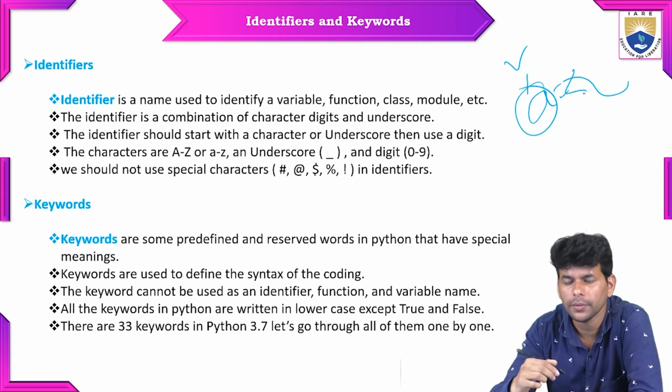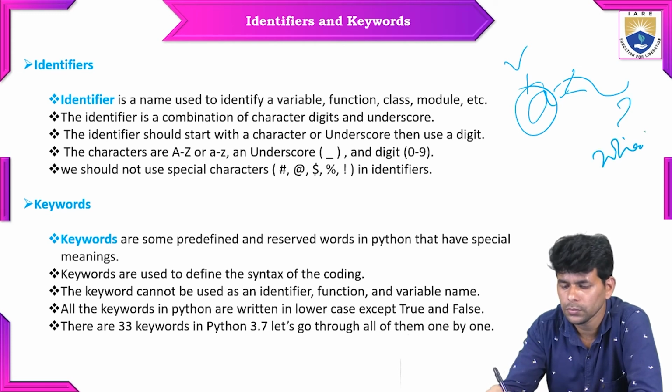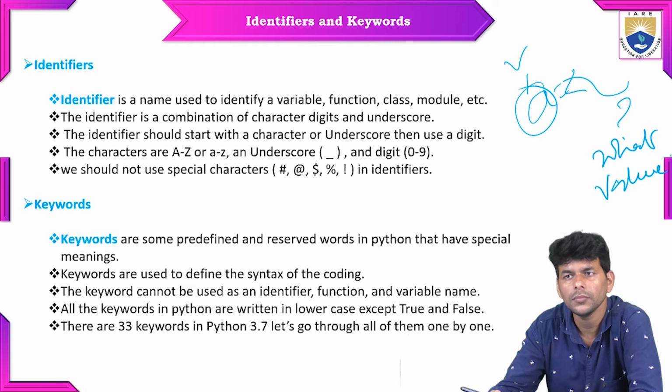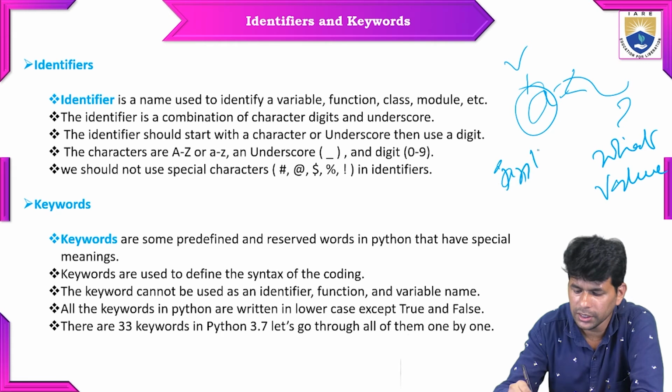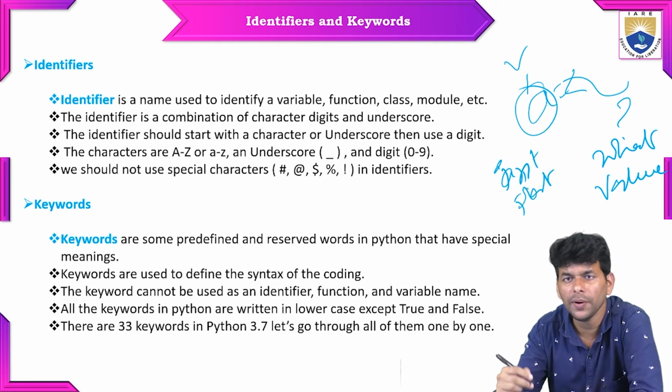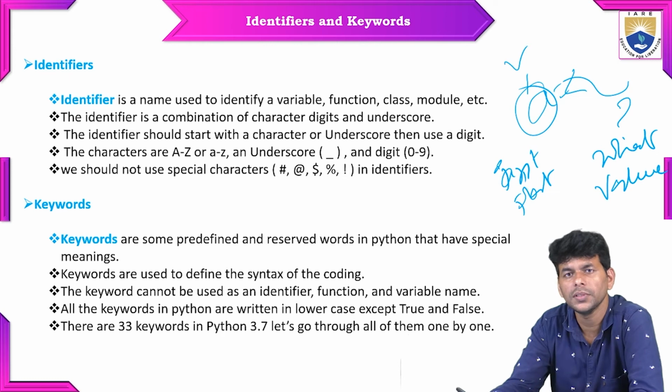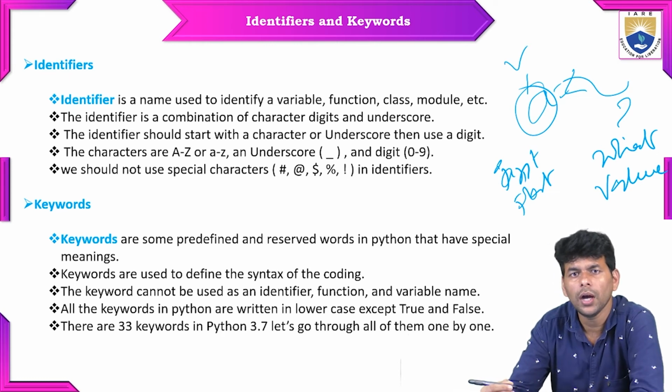What value can I give here? That may be an integer value, or a floating point value. What type of value I am giving is the thing we have to identify here. That leads to another concept called keywords.